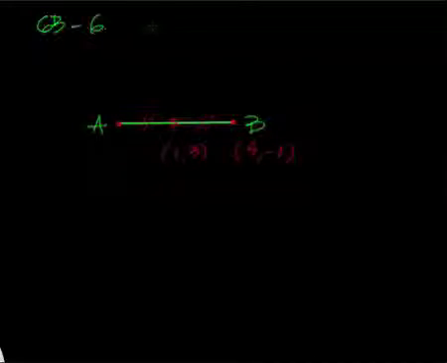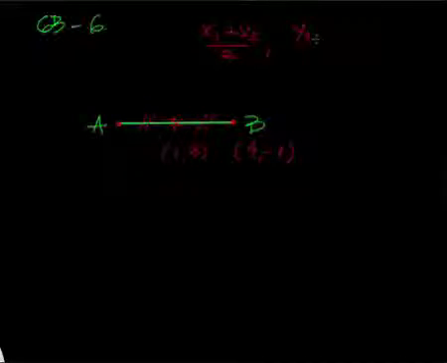Using the formula of the midpoint, we know that x1 plus x2 divided by 2 for the x coordinate, and y1 plus y2 over 2 for the y coordinate.